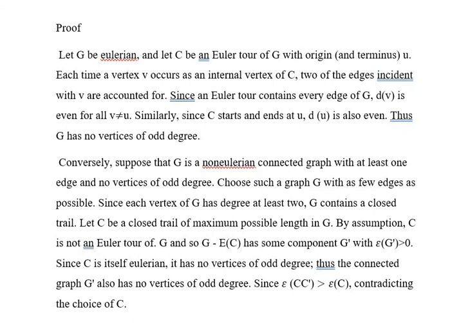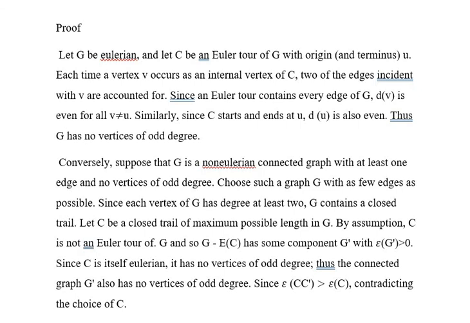Since an Euler tour contains every edge of the graph G, the degree of V is even for all V not equal to U. Similarly, since C starts and ends at U, the degree of U is also even. Thus, G has no vertices of odd degree.